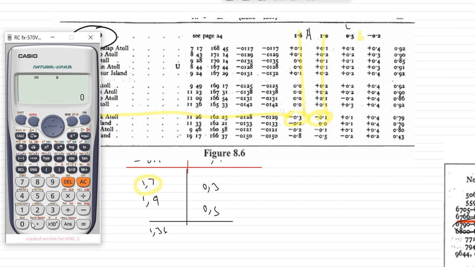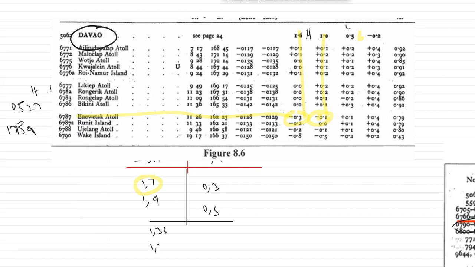Then I apply it on 1.9. I add the answer. I apply the change and I'll be left with 1.5. Then I'm going to record 1.5 here because 1.5 is my answer after applying the change, which is what I am looking for. So we're good till now.